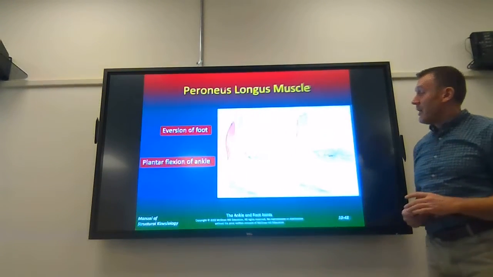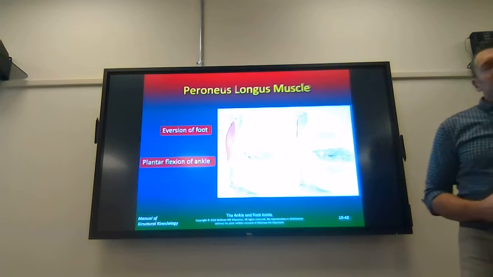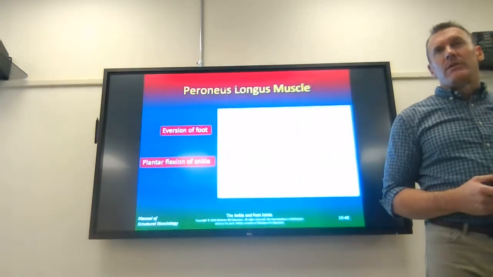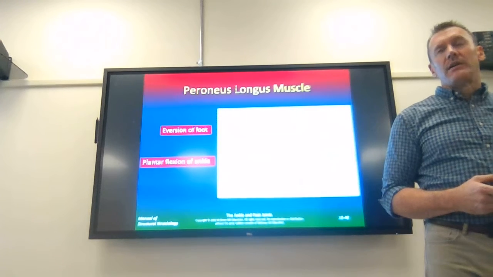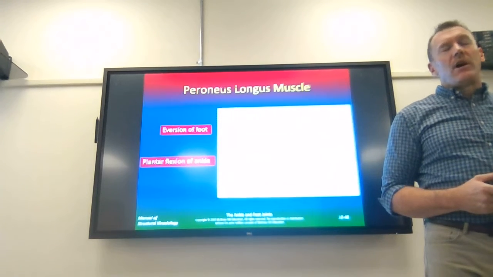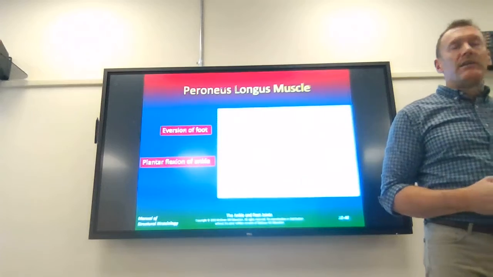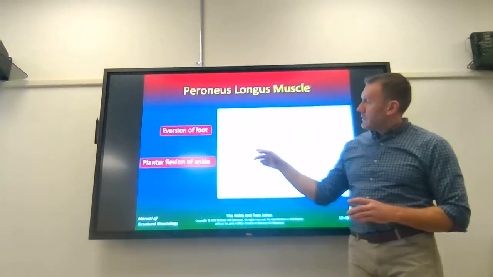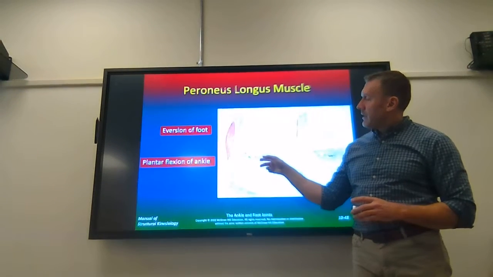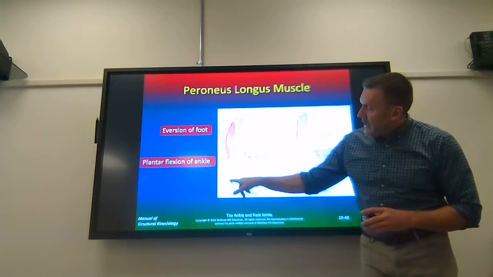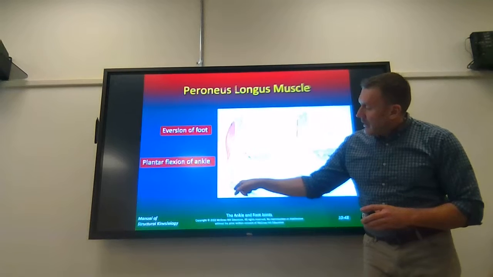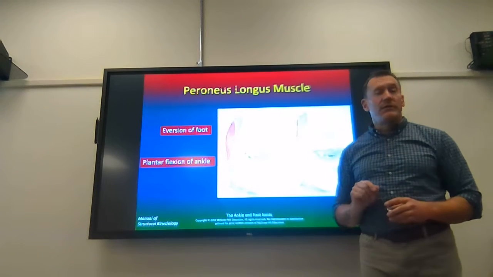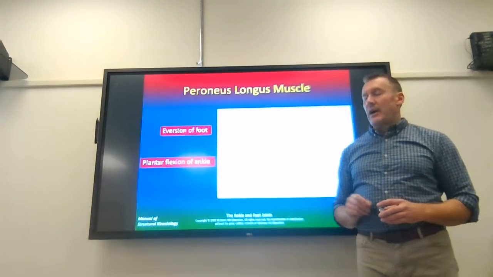Okay, peroneus longus. I want you to notice the tendon on this muscle, how it works. So the peroneus longus drops behind the lateral malleolus, and then it goes underneath the foot. So this is the lateral side, this is the medial side of the foot. So it passes behind this lateral malleolus and then goes underneath the foot and actually inserts on the undersurface of the foot on the medial side.